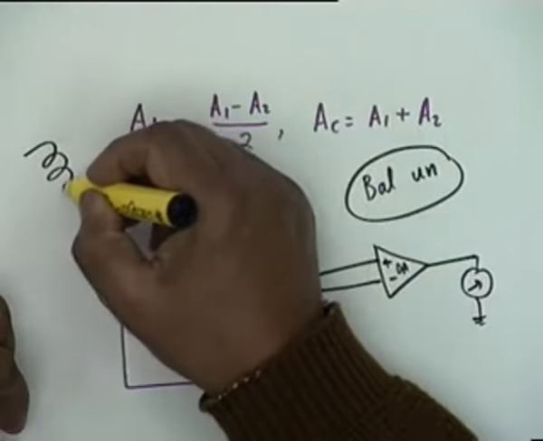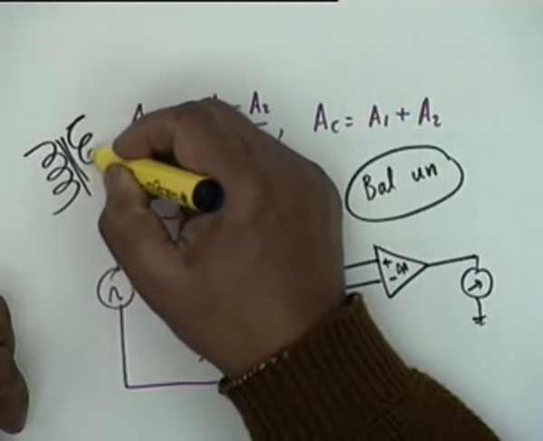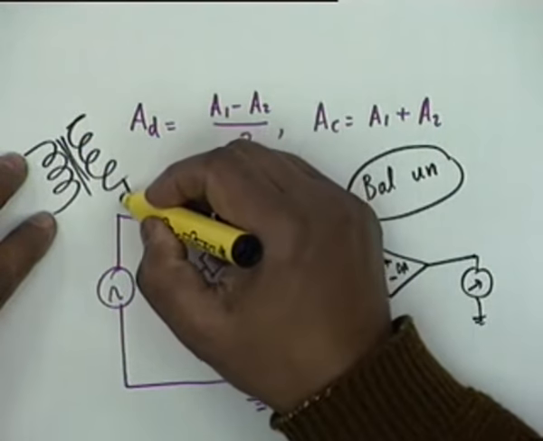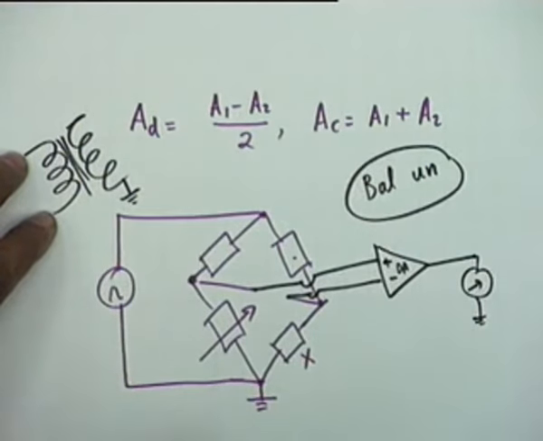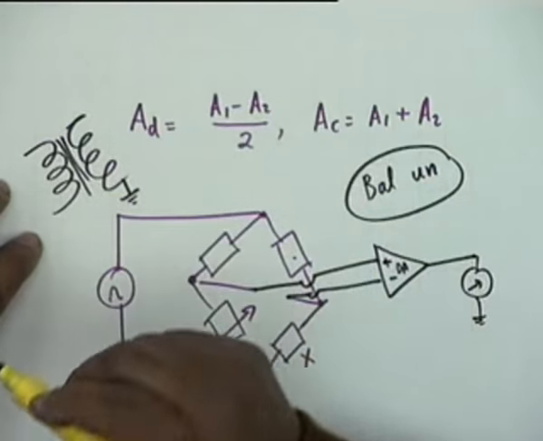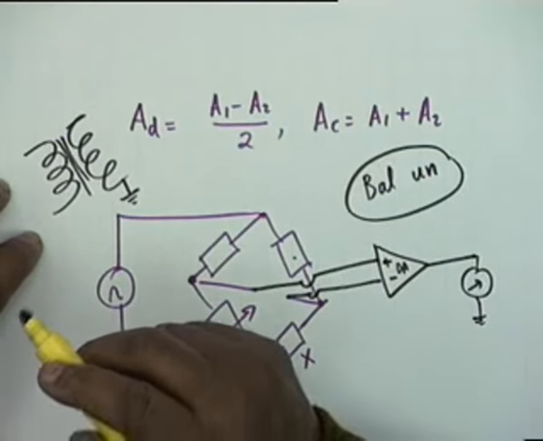A transformer, an ordinary transformer. This voltage can be balanced, the output can be unbalanced. You can apply a balanced voltage here and get an unbalanced one, because there is electrical isolation, there is only magnetic coupling. A transformer is a balun, balanced to unbalanced, or vice versa.